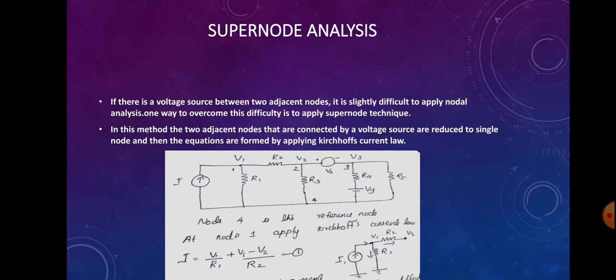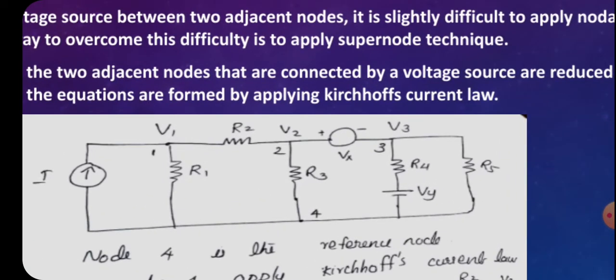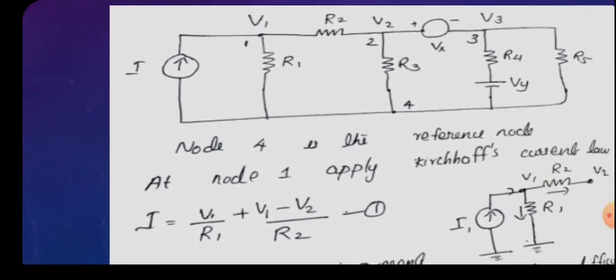Next we consider the second node, but there is a voltage source, so we combine these two nodes and draw the supernode, and apply node analysis to that supernode. For drawing the supernode, we neglect the branch containing the voltage source, that is, Vx is removed.